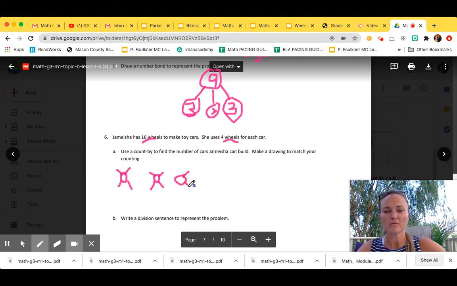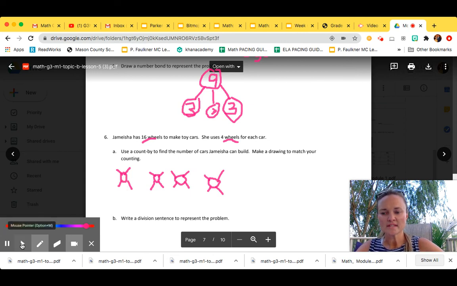It's going to get 4 wheels. So I have 4, 8, 12. I got to get to 16. So I'm going to draw another car, and I'm going to put 4 wheels. So now I have 4, 8, 12, and 16. So that would match my drawing. All right, this is one car, as I've told you.